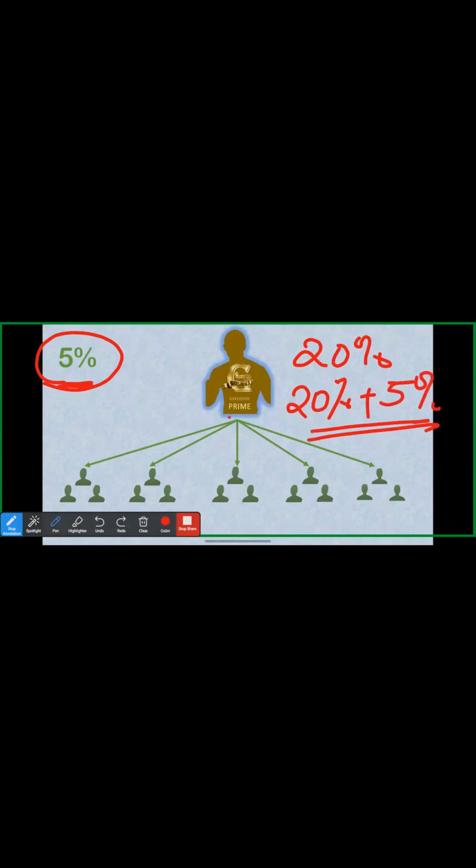That is the advantage. Kwa sababu mtu anaweza niuliza, why should I bother becoming a silver executive prime? What is the advantage of being a silver executive prime? Basically, your income increases by 5%. When you have a very huge team, 5% is so much. It's so much. Are we together?